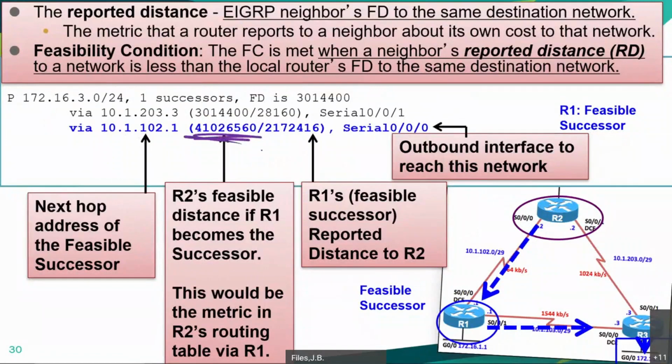This is the feasible distance if we used that hop, but we're not. Our actual feasible distance is that because that's our best path. This path is a valid backup if the reported distance is less than the feasible distance.